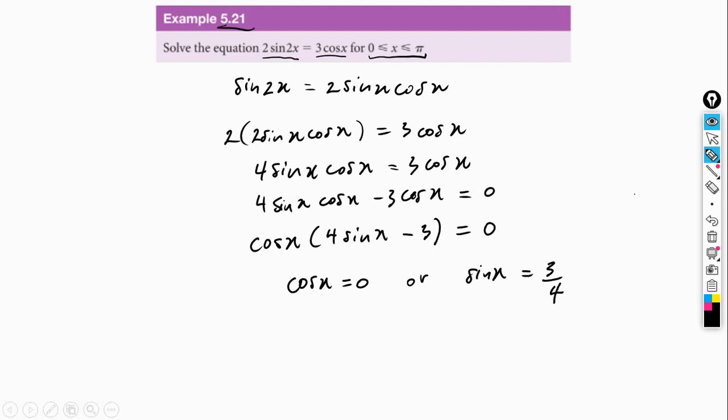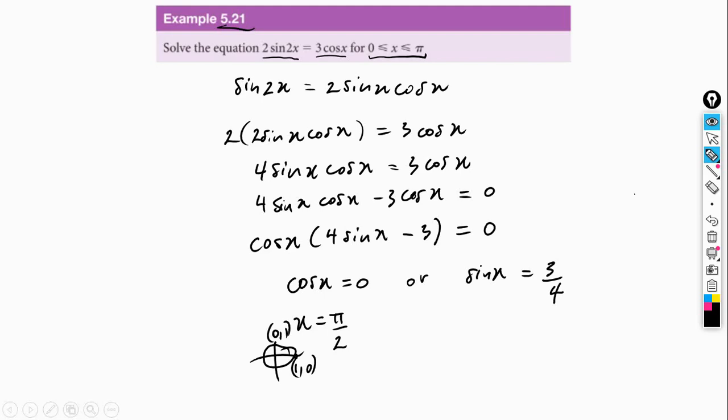Now this one is easy to solve because we know that cosine of x is equal to 0 in this interval at x equals pi halves. Why? Well, if you think of the unit circle, this coordinate here would be (1, 0), and this coordinate here is (0, 1).